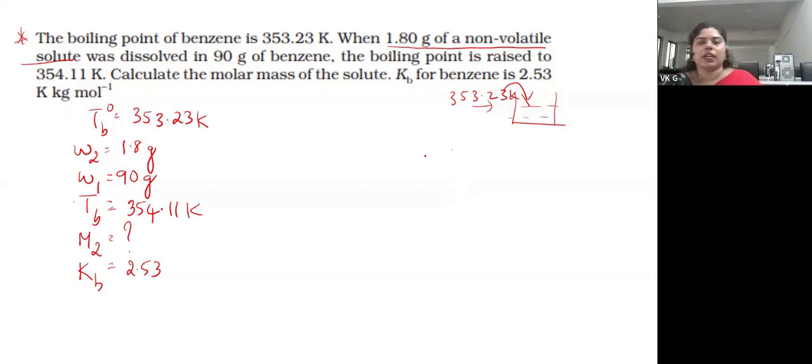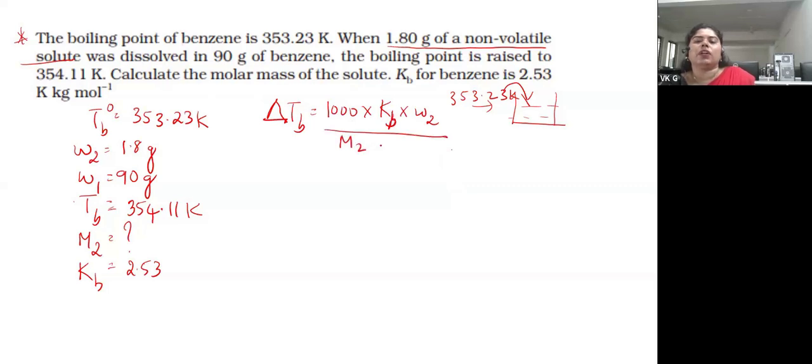These values are given. So let's just check out the formula once again. That is delta TB is equal to 1000 into KB into W2, you should have learned the formula, divided by M2 into W1. Right? Then what you do is you substitute 1000 into KB is 2.53, into W2 is 1.8 gram, divided by M2, how much?